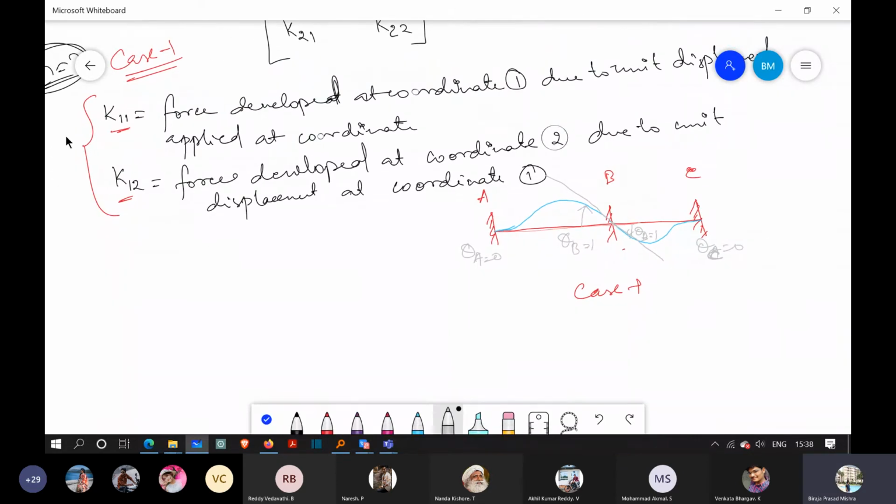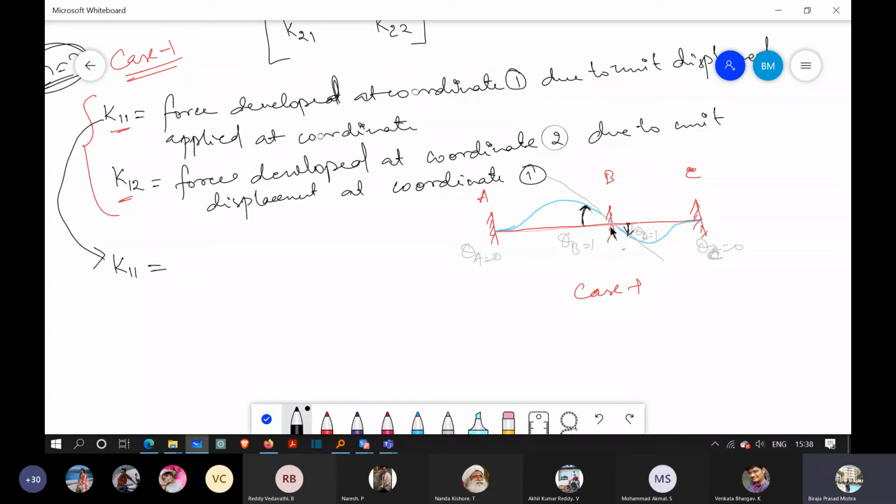So K11 will be, when I apply a rotation of one magnitude here and here, definitely there will be forces developed at coordinate 1.